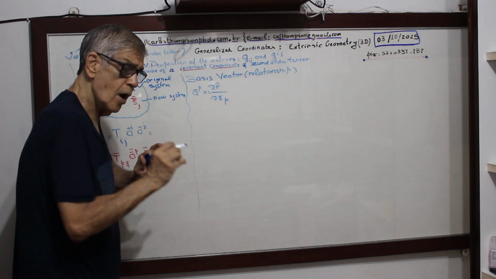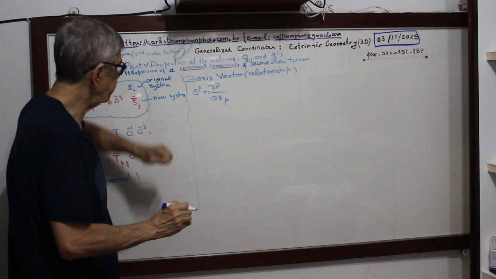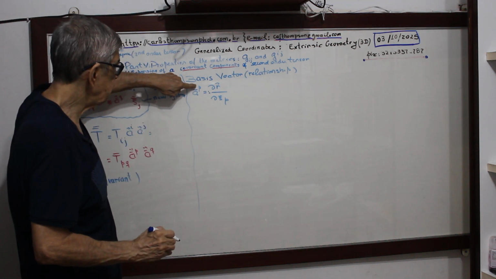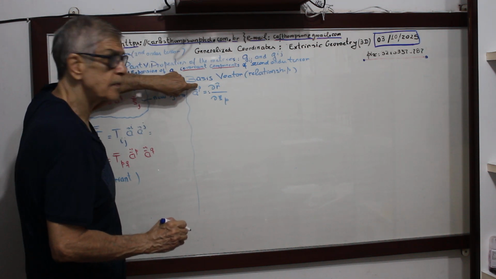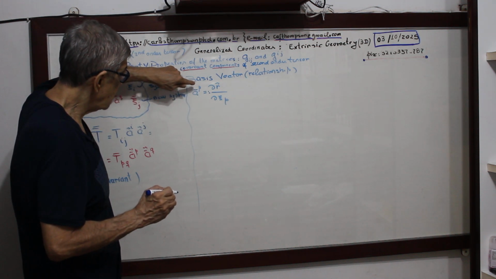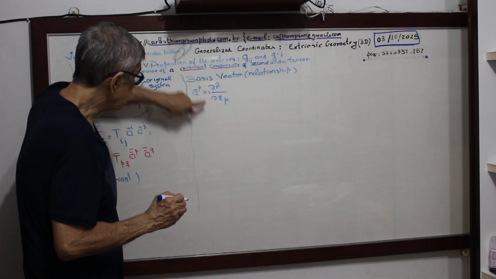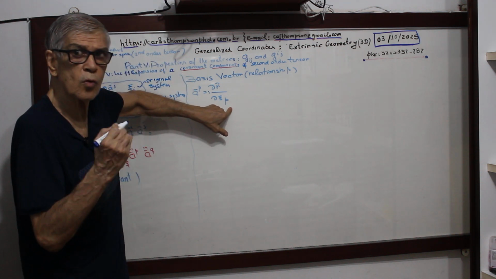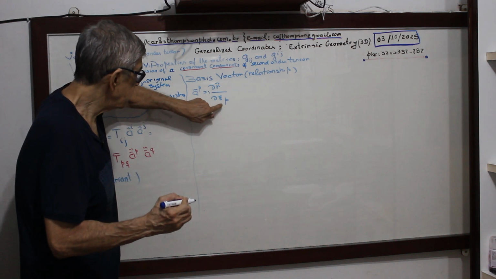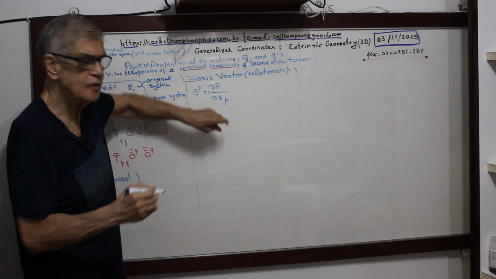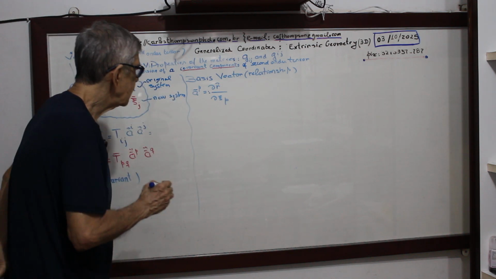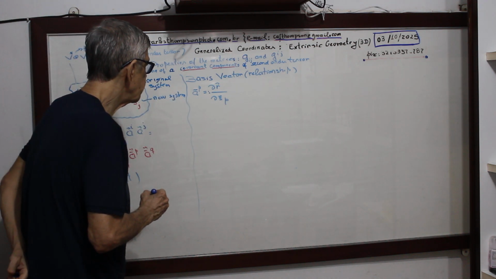See, look how I called attention. This is free, this is free. So this one is contravariant. This one is also contravariant because the p is lower, in the denominator.